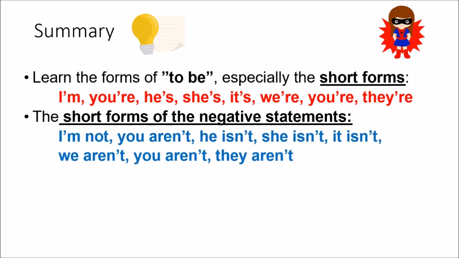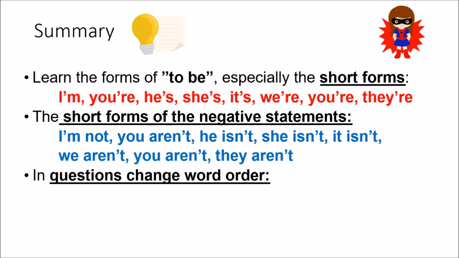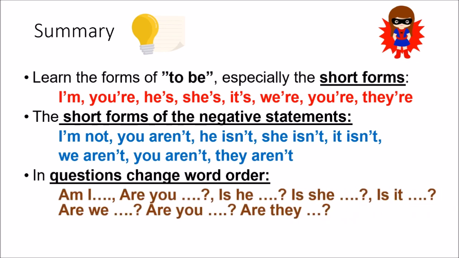I'm not, you aren't, he isn't, she isn't, it isn't, we aren't, you aren't, they aren't. Add an apostrophe and remove one letter. For questions, simply change the word order. Am I, are you, is he, is she, is it, are we, are you, are they.